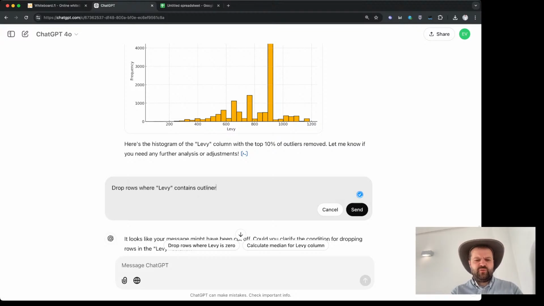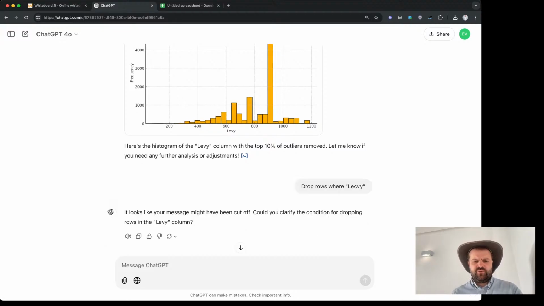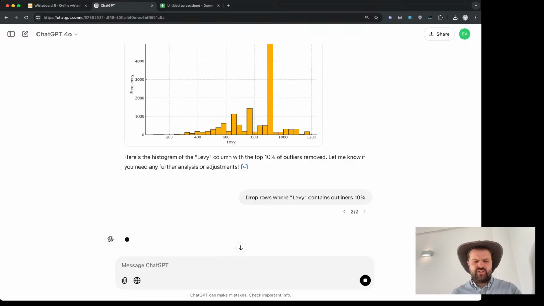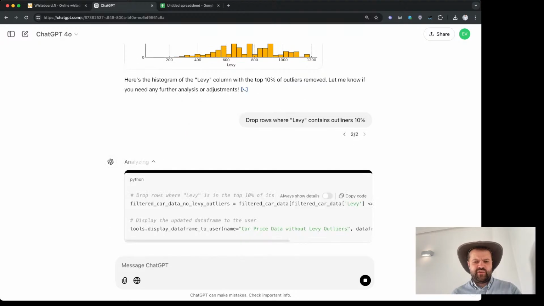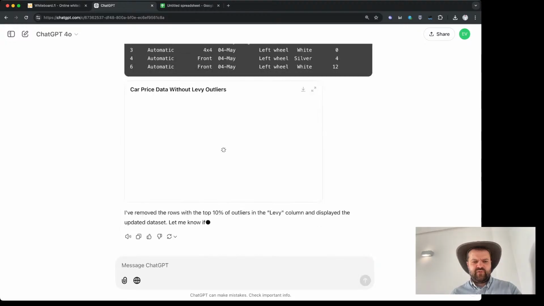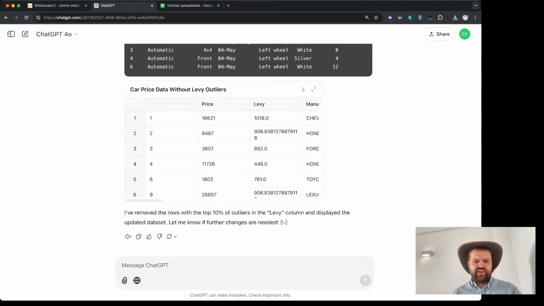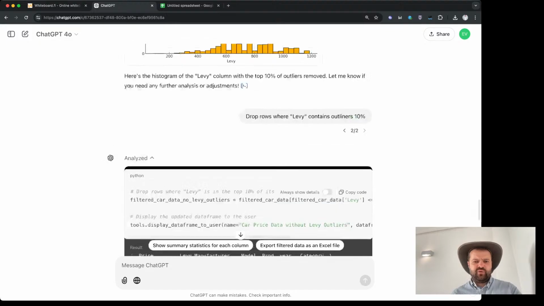That's even easier than asking for specific numbers, and it should probably work. At least I think it can be calculated into the Python code. Yep, and if I now display the histogram, it would look like this.